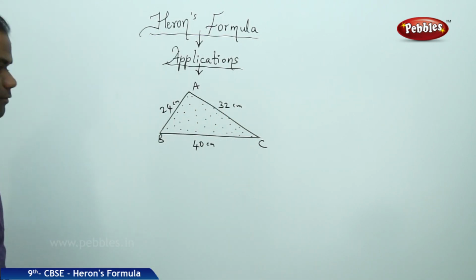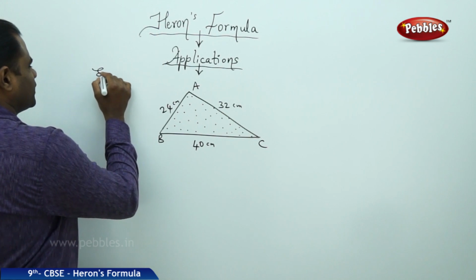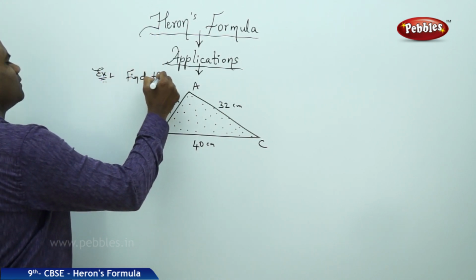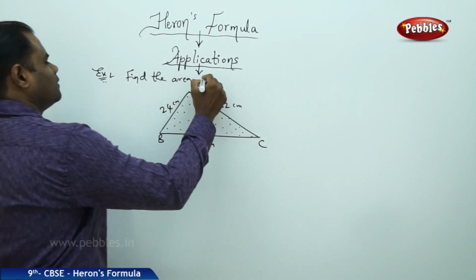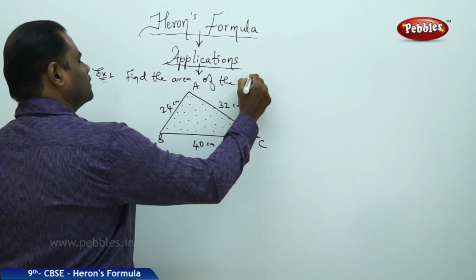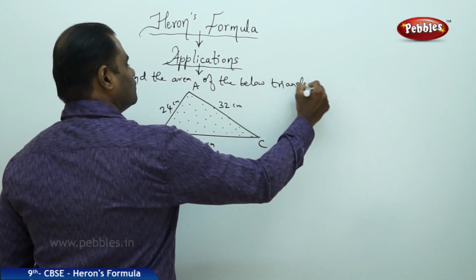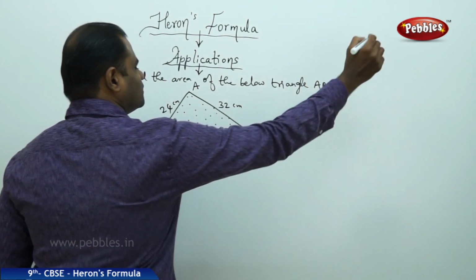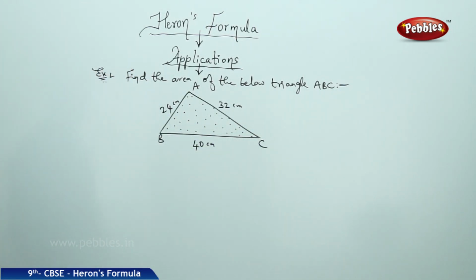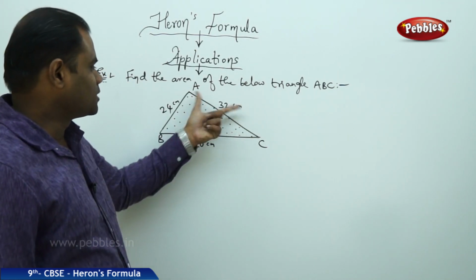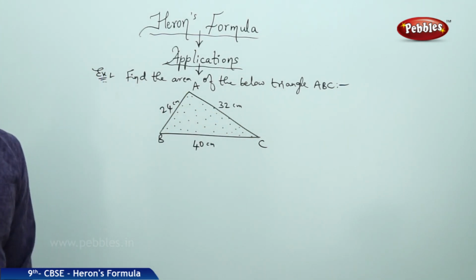So let's see how we can find the area of the triangle. Find the area of the below triangle ABC. The question says find the area of this triangle whose dimensions are given as 40 centimeters, 32 centimeters and 24 centimeters.